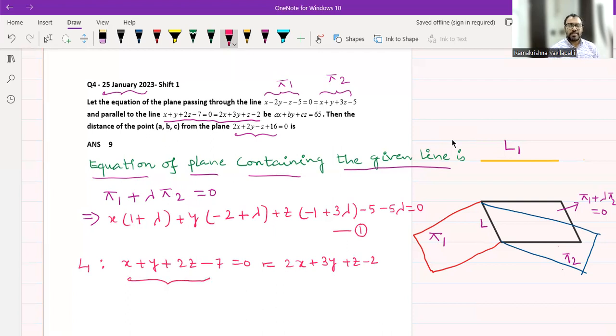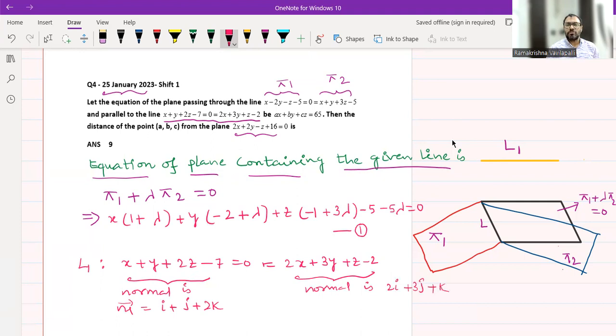For this plane, the normal is n1 bar equal to i plus j plus 2k. And for this plane, the normal is 2i plus 3j plus k.